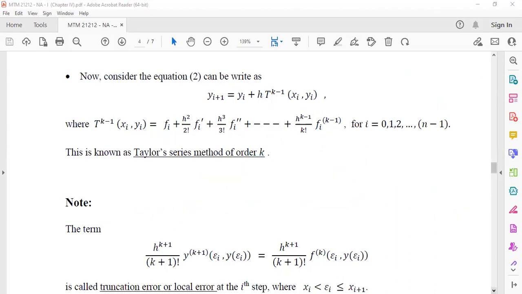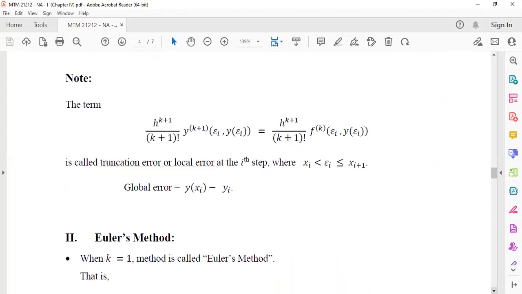There is one note which talks about our errors. As I said, the remaining term we take as the error term, which can also be written as y of epsilon i.